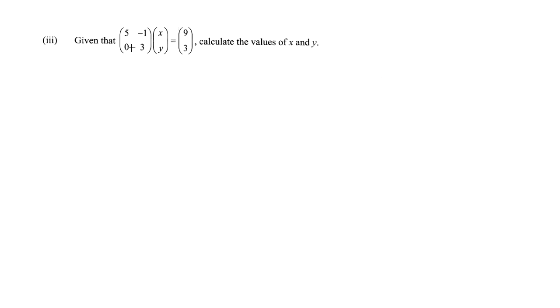Now, basically this is a simultaneous equation. This is the vector B, and we just worked out what the inverse was. So let's go back a sec. To solve for x and y, we're going to multiply both sides of this equation by the inverse.